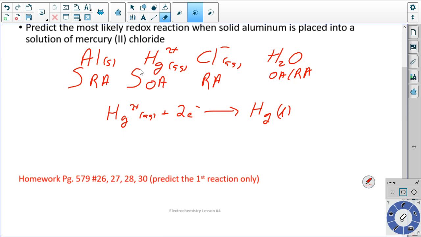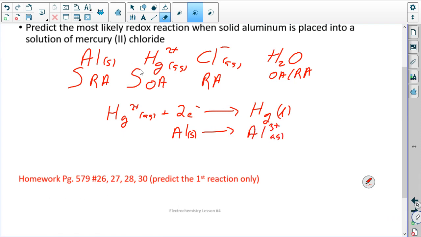And then we have our aluminum creating aluminum 3 ions and 3 electrons. So again, I'm reading that reaction from right to left. How do I balance my electrons here, Jamie? And keep going. I need 3 of the mercury because it's gaining 2.